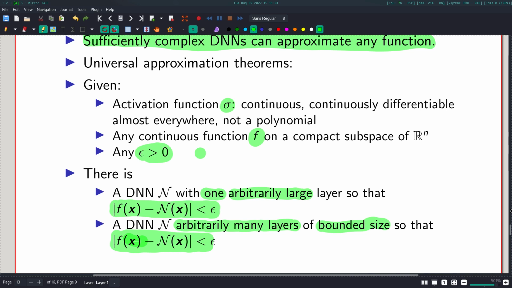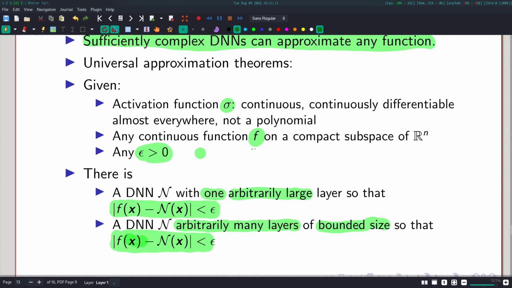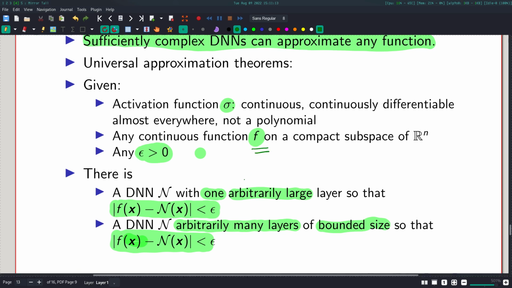Things are only getting approximated up to some epsilon. But this does mean that you can actually capture very, very complicated functions, right? Because really complicated functions are actually continuous, right? There are several functions which we don't have any handle on, theoretically or mathematically speaking, and they are continuous.